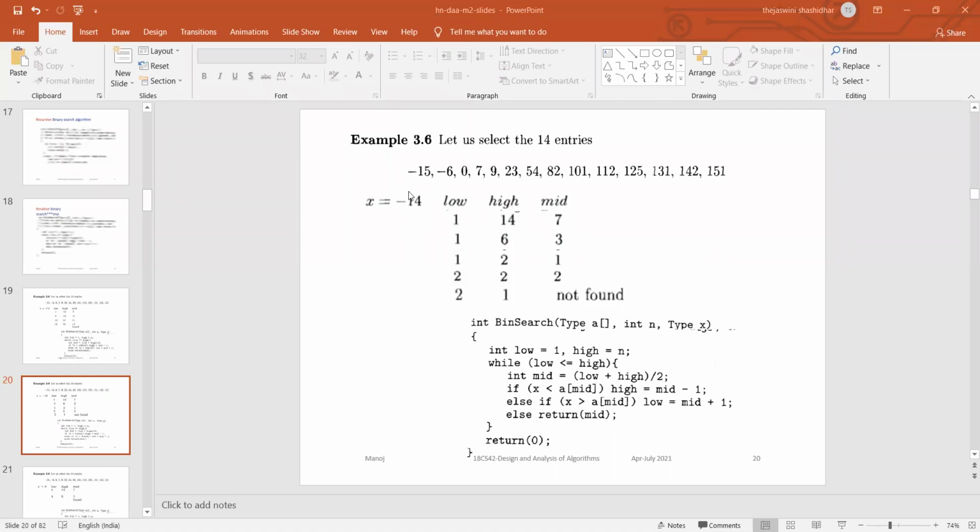Now you see what key element is given: minus 14. Can you tell, by seeing, whether the element minus 14 is there in this particular array of 14 entries?